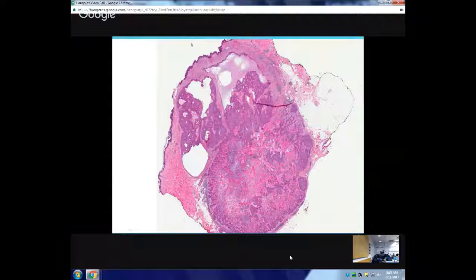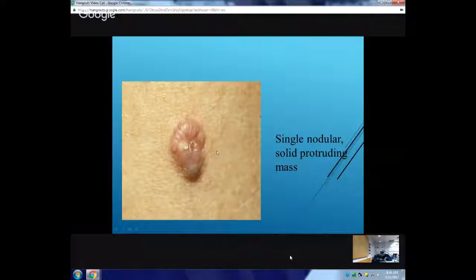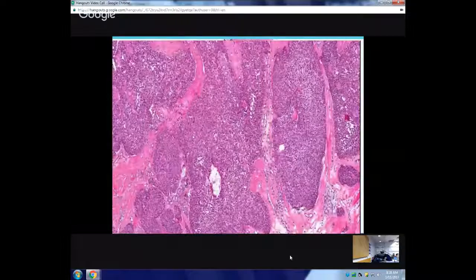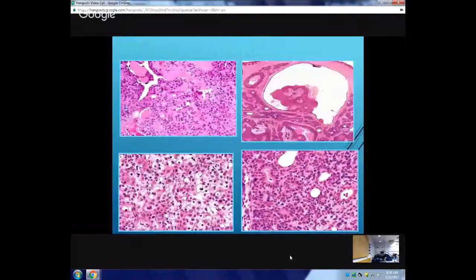The cells look very similar, but look at the stroma, it is very sclerotic actually. And then the cell types can be different. It can be basaloid cells, you can have mucinous cells, or you can have some clear cells. So it can have basaloid, mucinous, and clear cells within the lesion actually. Three types of cells within a hidradenoma.